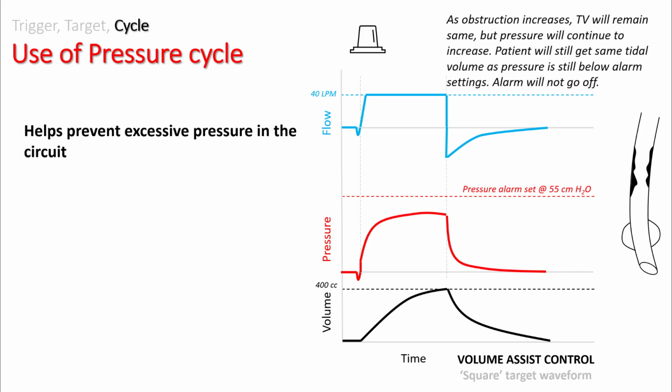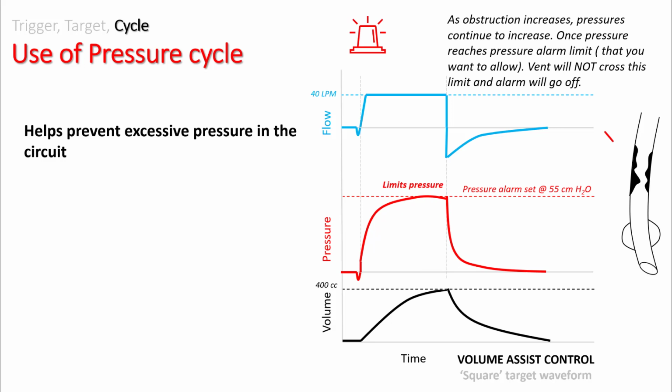As your obstruction increases, your flow through that cross section is going to increase, and that's going to increase the pressure. Since your target is flow and cycle is volume, these two parameters are not going to change. As the obstruction increases, you will see your pressure increasing because you are getting the same flow through a much and much narrower endotracheal tube.